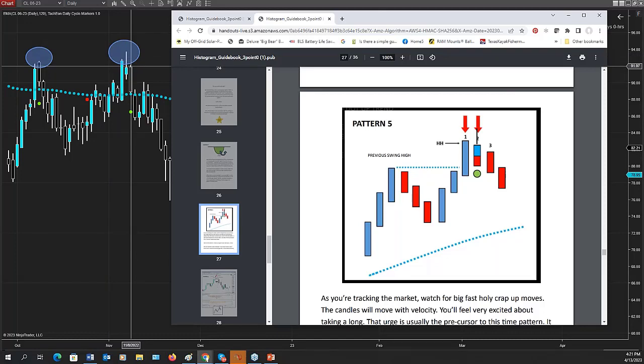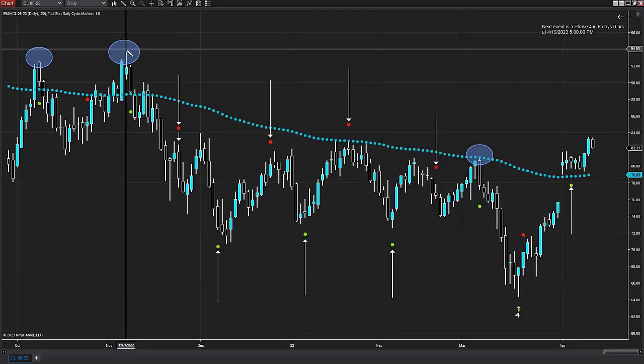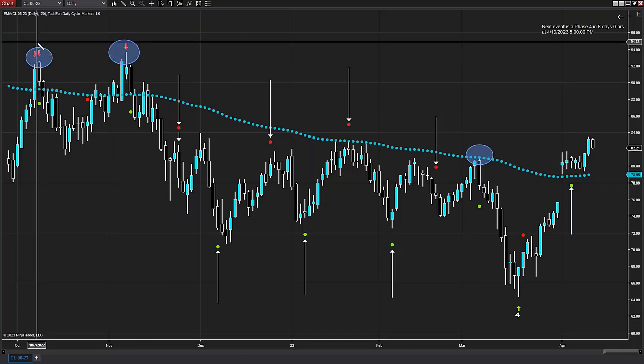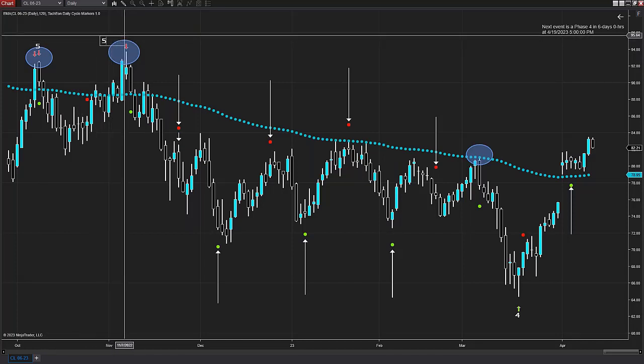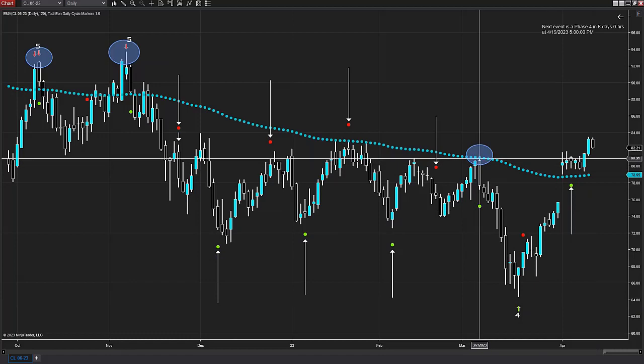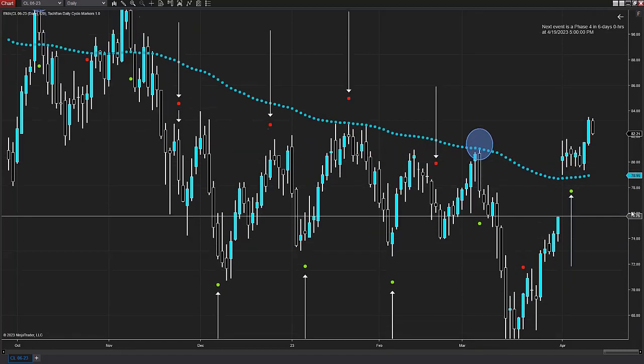The signal candle isn't a higher high, but the candle to the left of it is. So both of these now inherit red arrows with the number 5 above them. Okay, who's with me so far? Everybody keeping up?